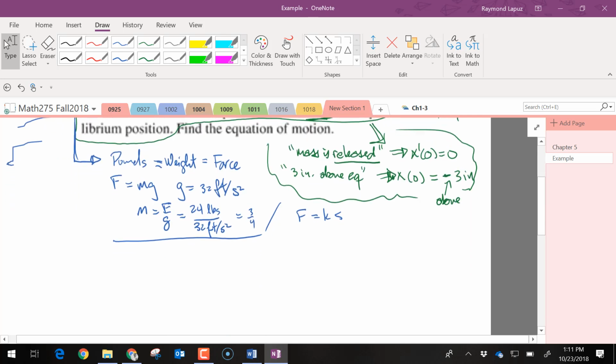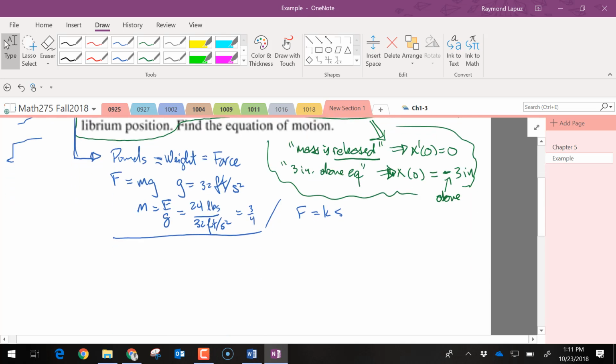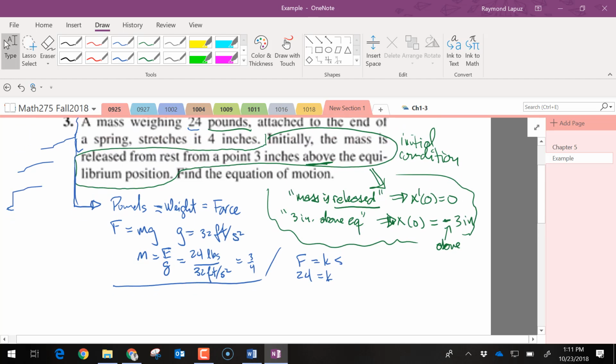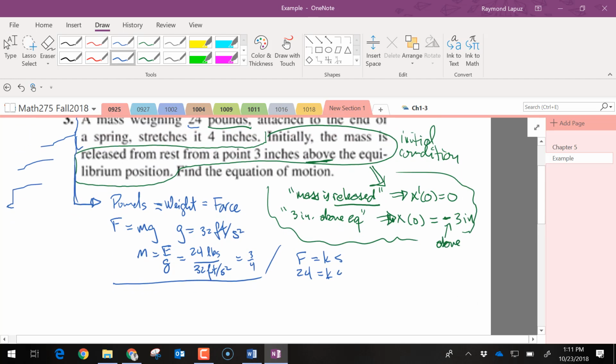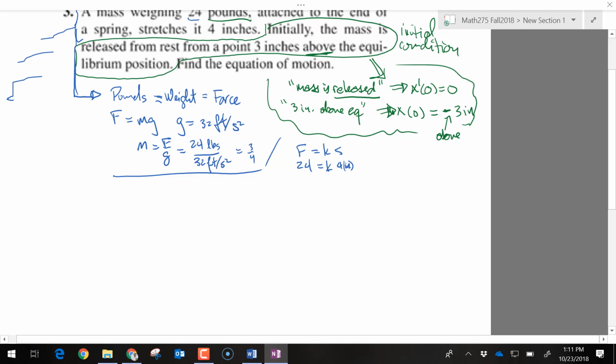So force is equal to k times s, and we know that with 24 pounds this got stretched how many inches? 4 inches. And again, we want to change this into feet because we want to measure things in foot-pounds.